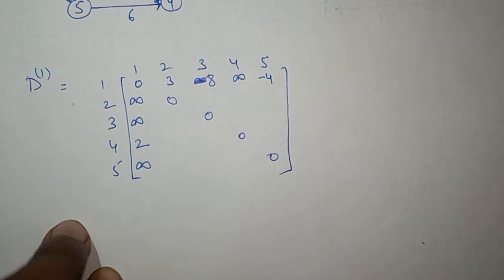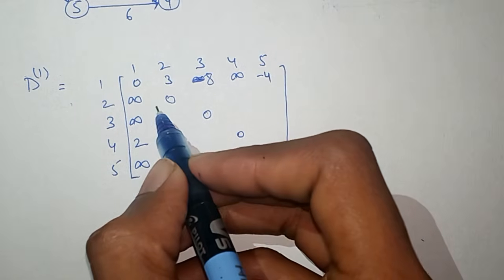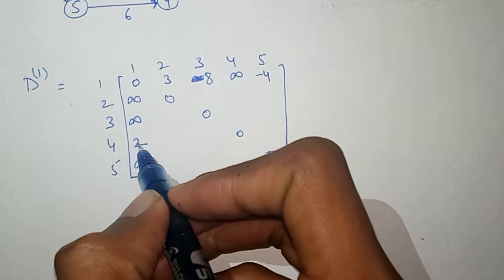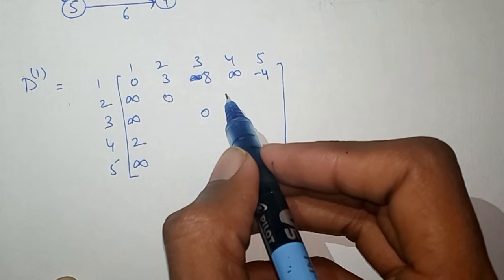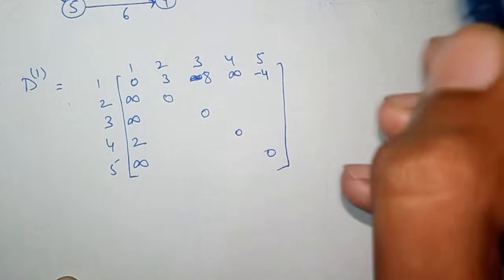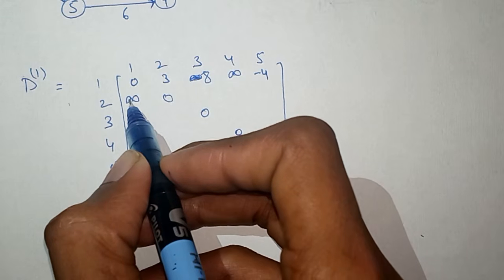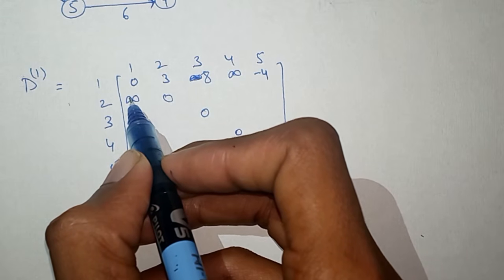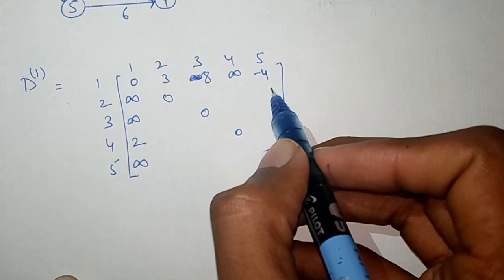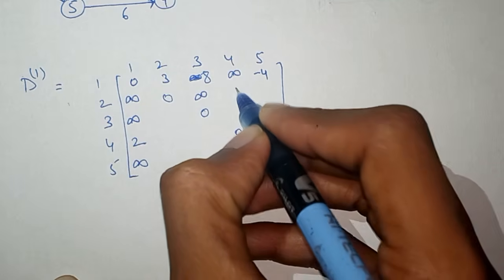All the other elements of the D1 matrix can be found using the method that if there is an infinite in the first row or first column of the D1 matrix, then the other elements in front of the infinite element will be the same as in the D0 matrix. In the D1 matrix, the second row will be the same because in the first column of D1 the entry is infinite, so this row will be the same as in the D0 matrix: infinite, 0, infinite, 1 and 7.